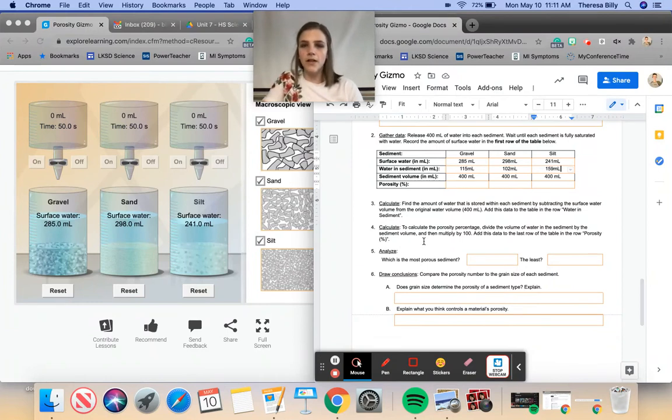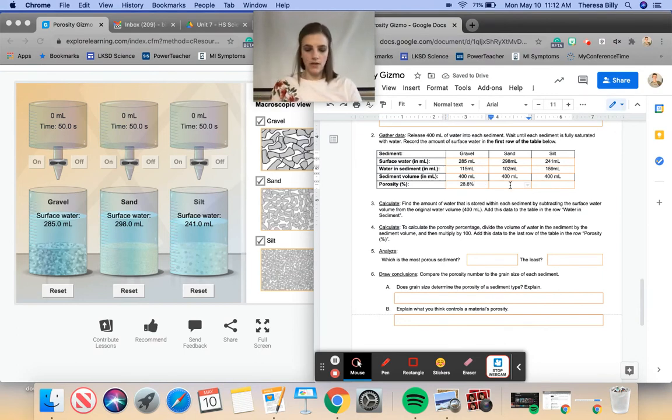But let's do one more calculation. We're going to calculate the porosity percentage by dividing the volume of water in the sediment by the sediment volume, and then multiply by 100. So for this first one, for gravel, there was 115 milliliters of water in the gravel divided by 400, which was the total amount, times 100 gives us a percentage of about 28.8%.